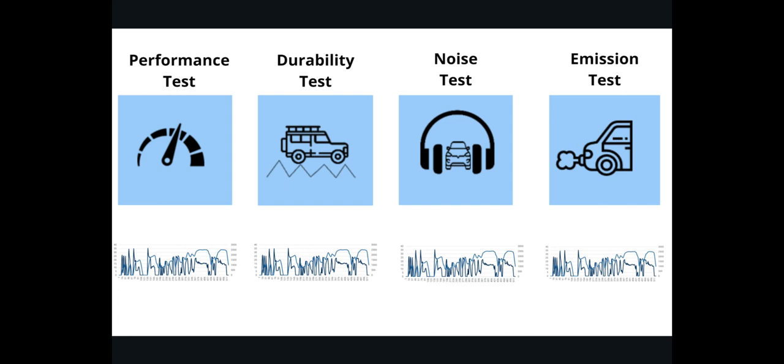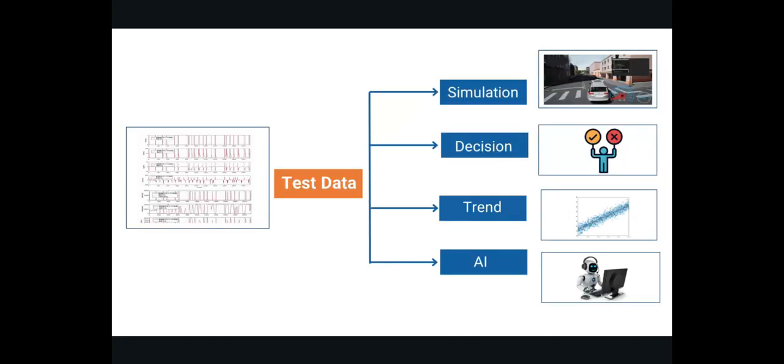And the power data, durability data, noise data, and emission data taken in these tests are very valuable because they show the performance of the vehicle itself. This data is used by various engineers.